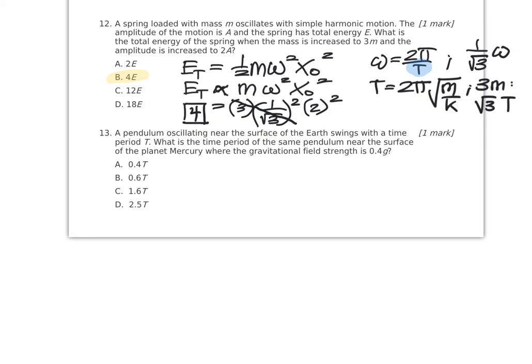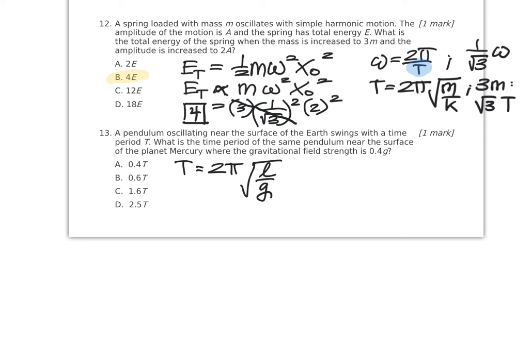So 13, we have an oscillating pendulum, a simple harmonic pendulum that goes to Mercury. So again, the period of a simple pendulum is 2 pi radical L over g. And it says that that pendulum went to Mercury where the gravitational field strength is 0.4 what it is on Earth.